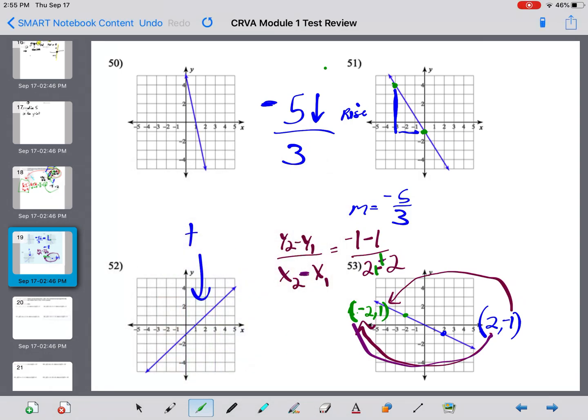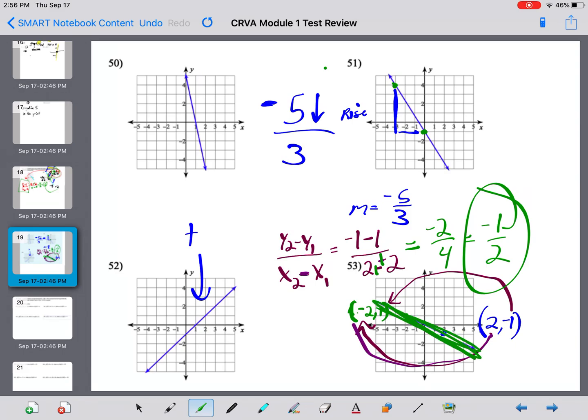You undo that by adding the opposite. 2 minus negative 2 is actually positive 4. On top we have negative 2. This simplifies to negative 1/2. Notice, folks, this is a negative fraction, and the line's going in a negative sloped direction. That should match. If you have a negatively sloped line, your slope value, or your fractional value for the slope, should also be negative.